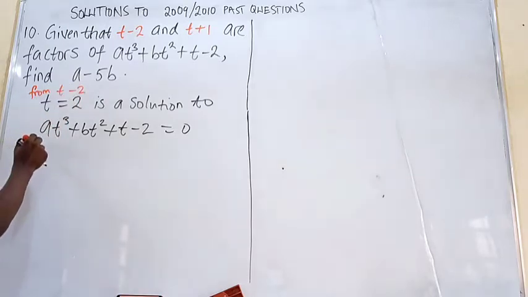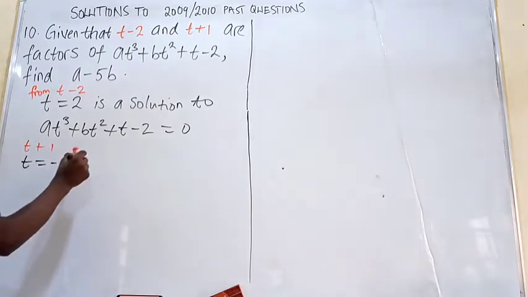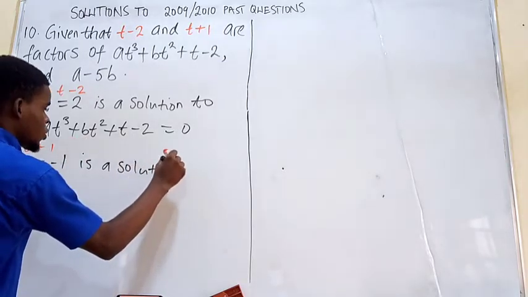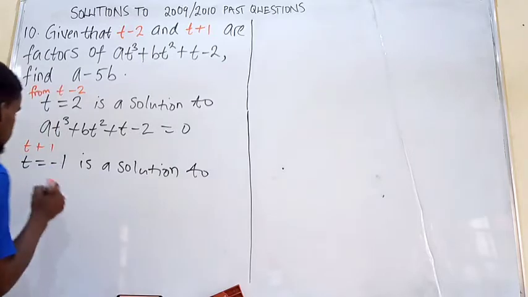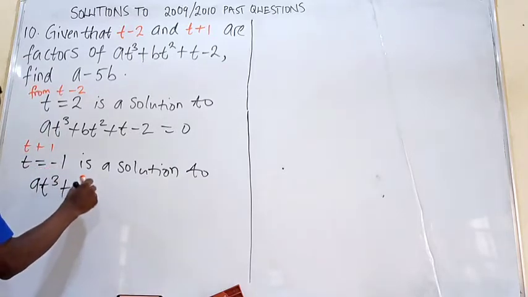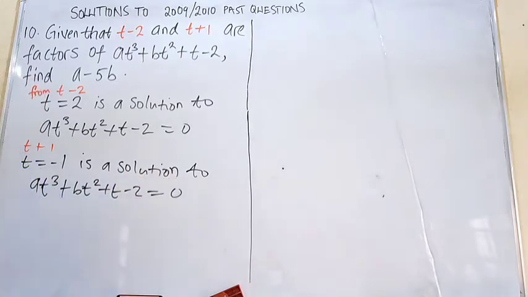Also, t plus 1 as a factor means that t equals negative 1 is a solution to still the same polynomial function, at cubed plus bt squared plus t minus 2 equals 0.